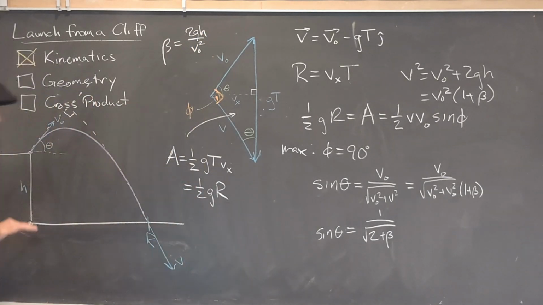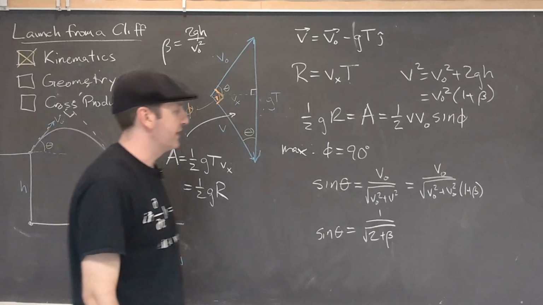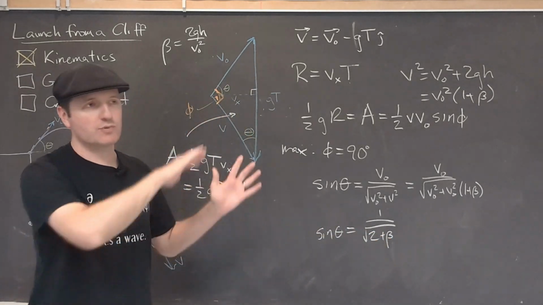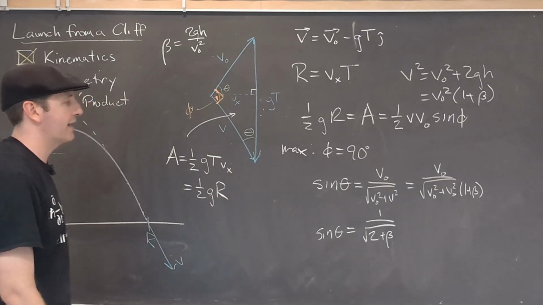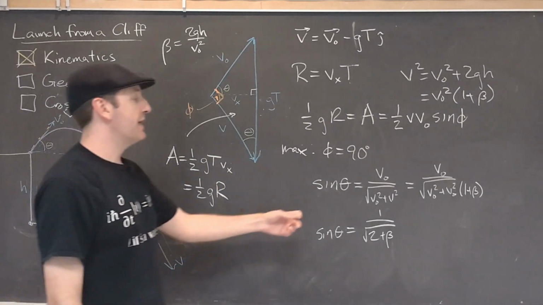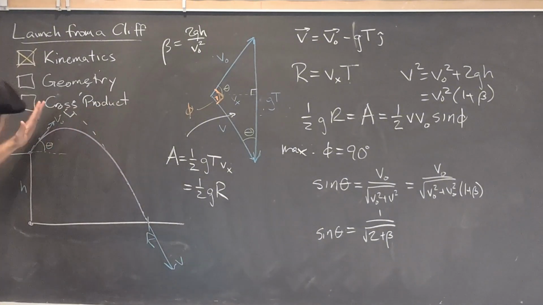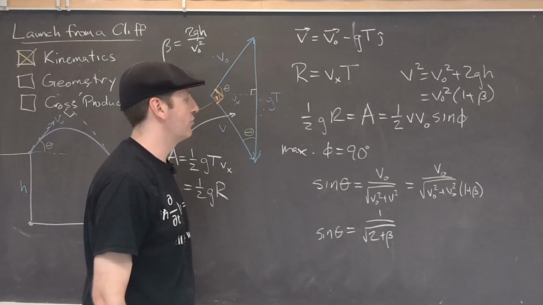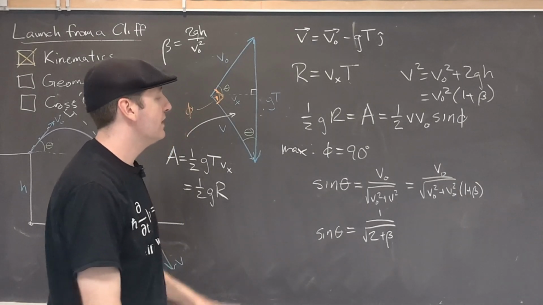So it's related basically to the height of this launch point. Notice that if beta equals 0, I get theta equals 45 degrees, which we already knew maximized the range on flat ground. Since beta is greater than 0 here, my angle to maximize range is going to be less than 45 degrees, get a little more range going horizontally.